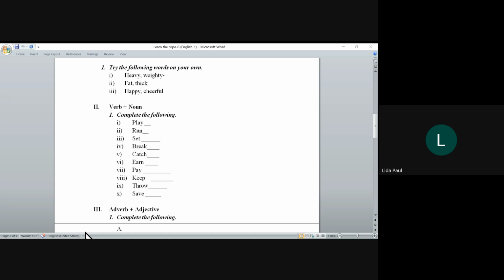Okay. Now the last one is save. Save is one expression that's very common these days, right? Save the date. That's there. Save the date. More, let's say, save a tree.